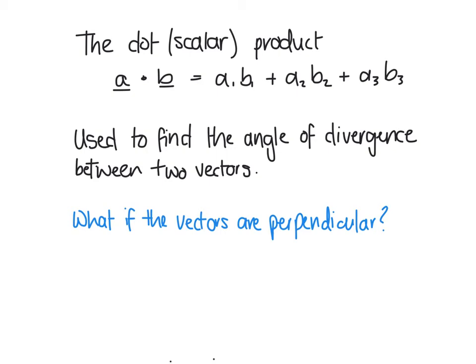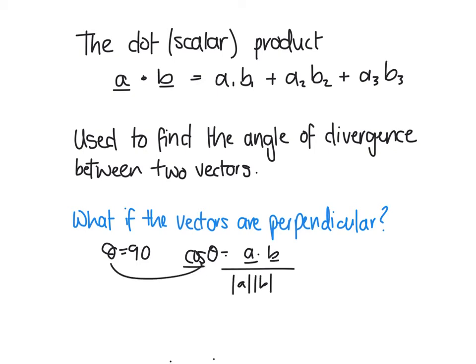If vectors are perpendicular, for instance, then the angle between them we know, of course, is 90. If I plug that into the equation that we just worked out, so A dot B over the modulus of A, the modulus of B, and I put theta equals 90 in, I'm going to get 0 on this left-hand side.